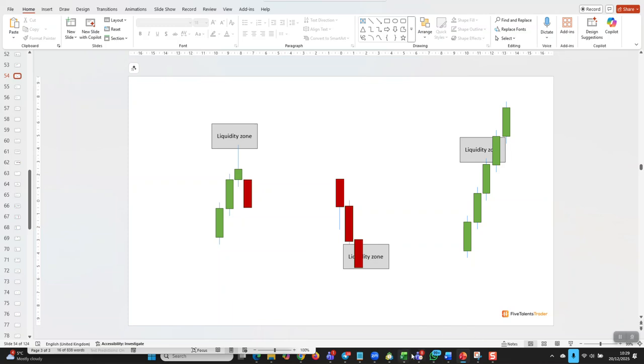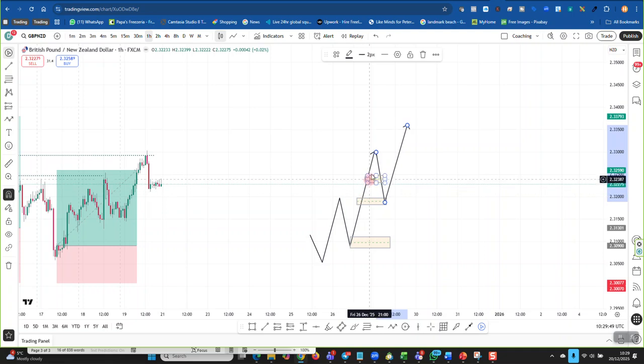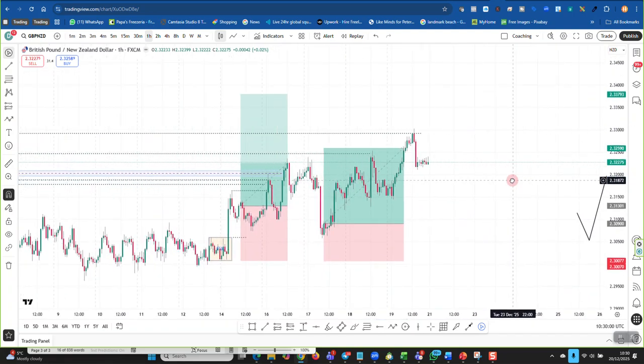That's the reason why we will have price go through the zone here. You would have had candles close here and then continue to the next one, which is what you will see in this case here.